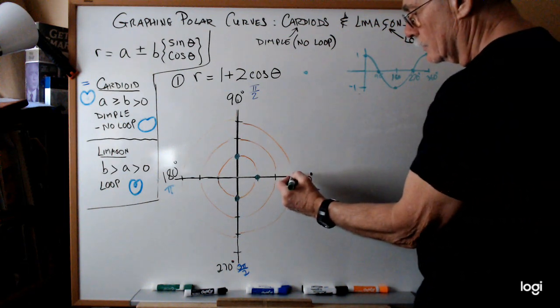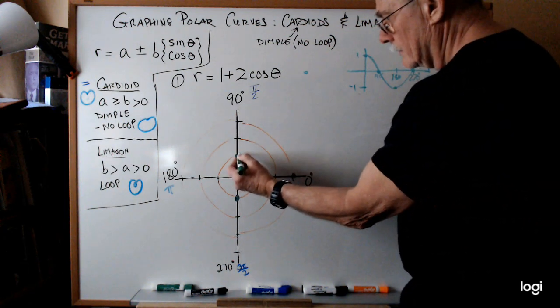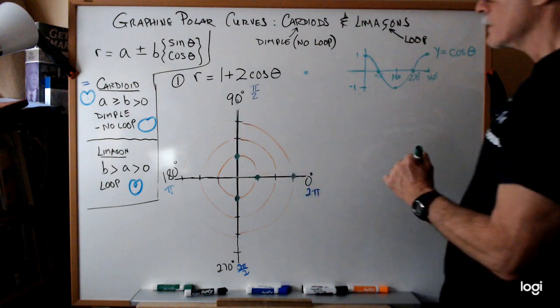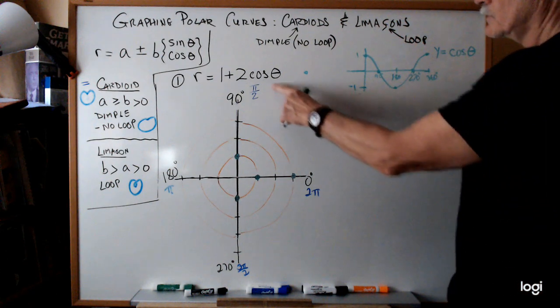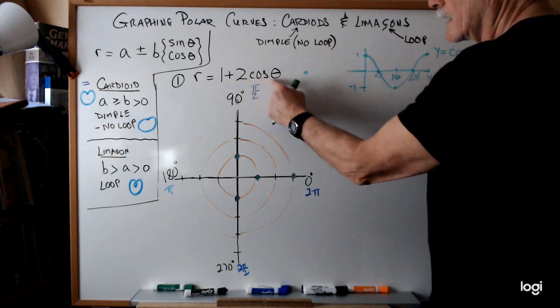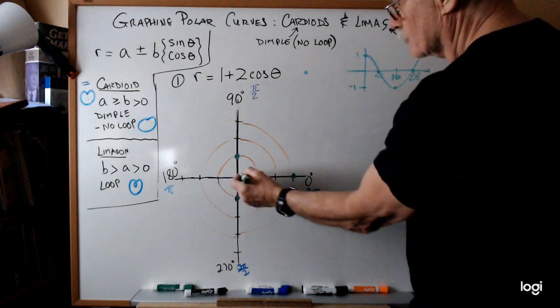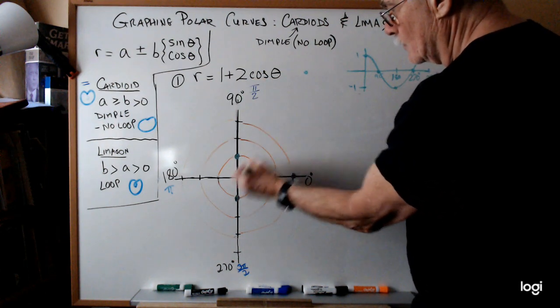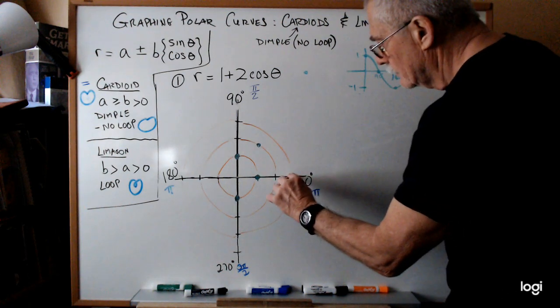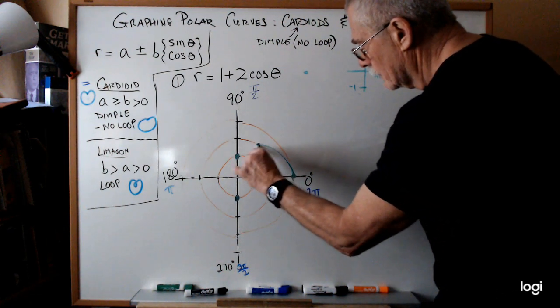So it's going to start at 3, and it's going to shrink down to 1 as we go from 0 to 90. And if I pick 60 degrees, cosine of 60 is a half. 2 times a half is 1, 1 plus 1 is 2. So when I'm at 60, I'm going to be radially out about a distance of 2. So that gives me an idea that my curve is going to go something like this.